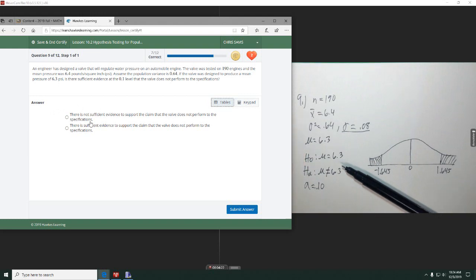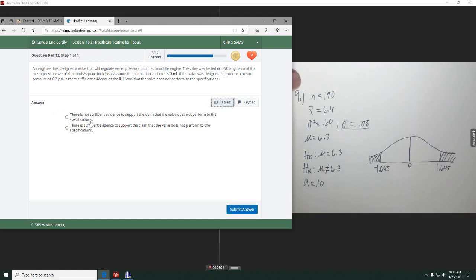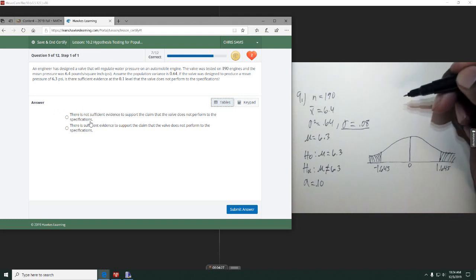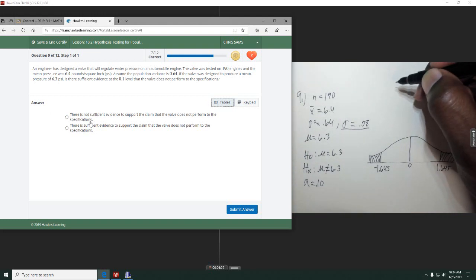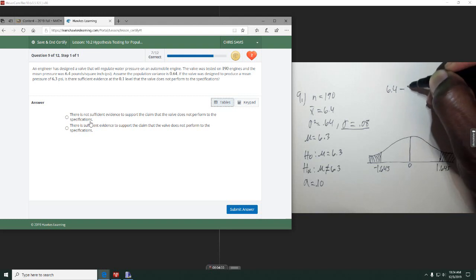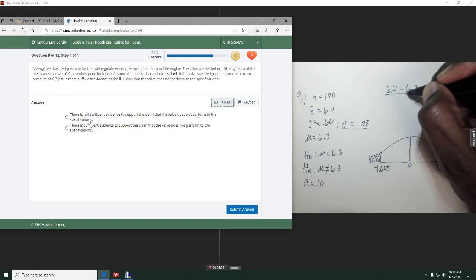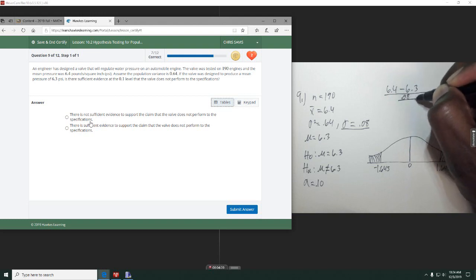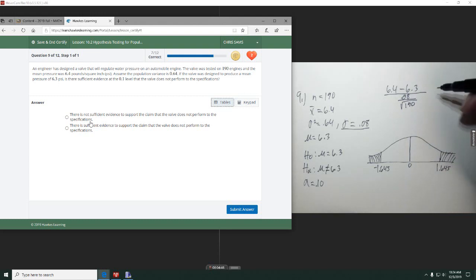Okay, so I'm going to do the test. I'm going to just do the test statistic in this blank space here. We have our sample mean of 6.4, subtracting 6.3, divided by the standard deviation of 0.08, divided by the square root of the sample size, which is 190. And it's going to give me a value.